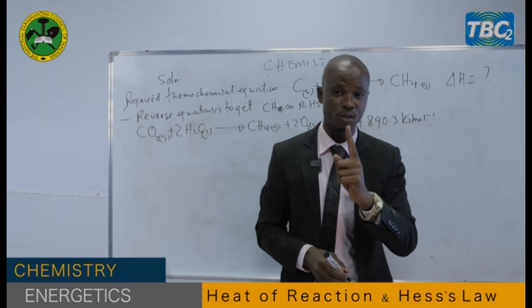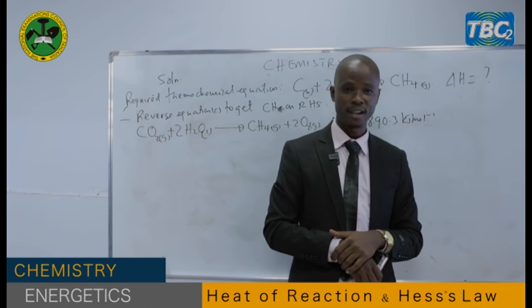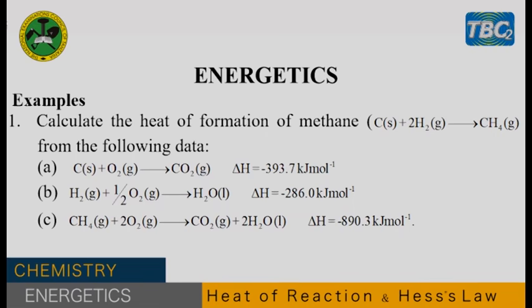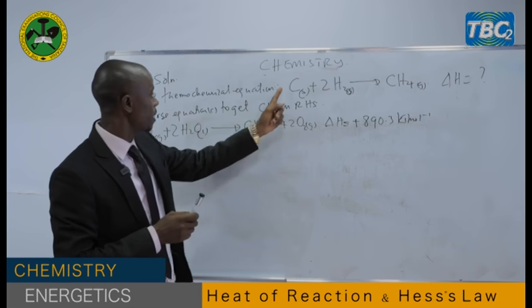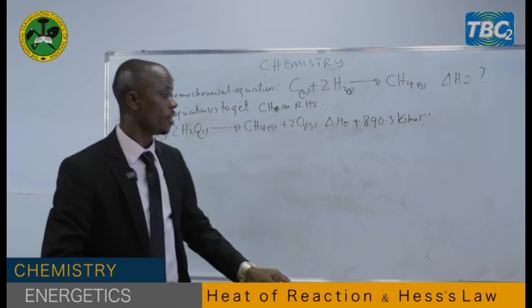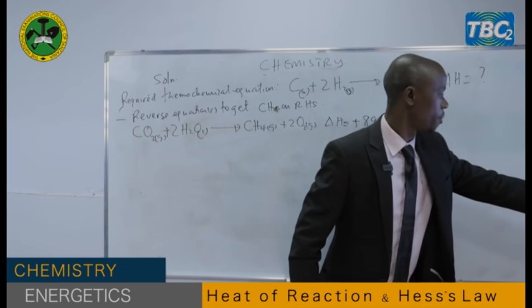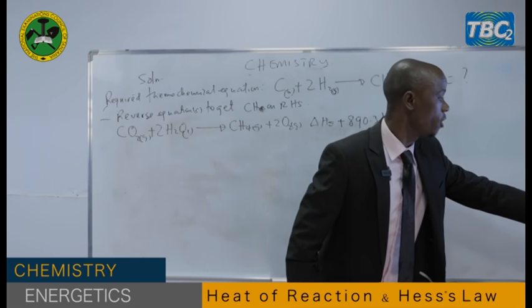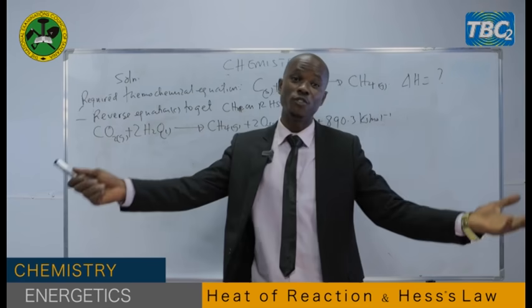Which one has got the carbon element? You can find it here, it is the first one: carbon solid and oxygen gas to get carbon dioxide. In the required thermochemical equation, carbon is 1 mole. In the given thermochemical equation, carbon is also 1 mole. So there is no need of doing anything.